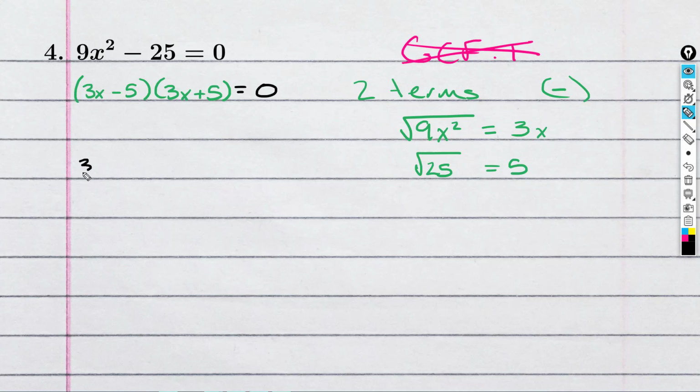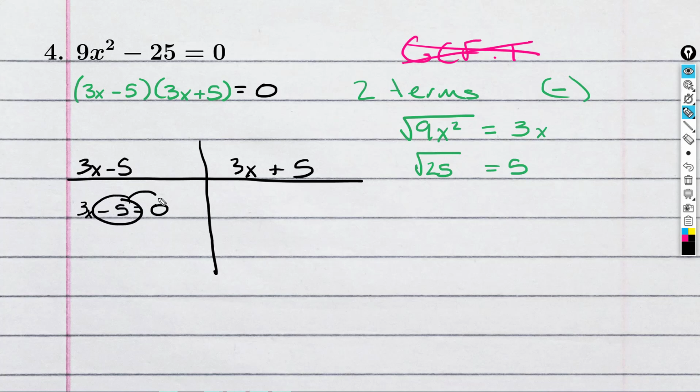So I'm going to set each of those equal to 0 in my chart. And so when I do that, the first thing I need to do is move that to the right-hand side. And so that's going to make it a positive 5 equals 3x. Divide both sides by 3. And so x equals 5/3.